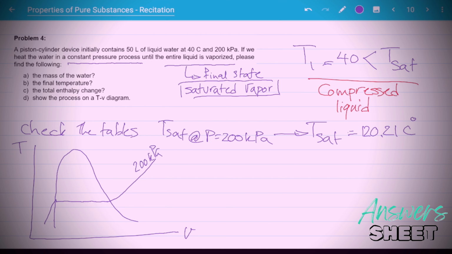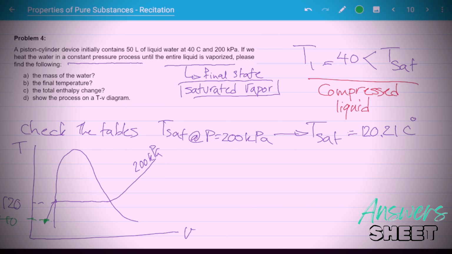Again, we checked the tables and found out that the saturation temperature is 120 degrees Celsius, right? But our initial temperature is 40. So we are looking at 40. Now, if we do the drawing here on the diagram, you will see that we ended up on the left-hand side of the saturation dome, which means we are in the compressed liquid space.